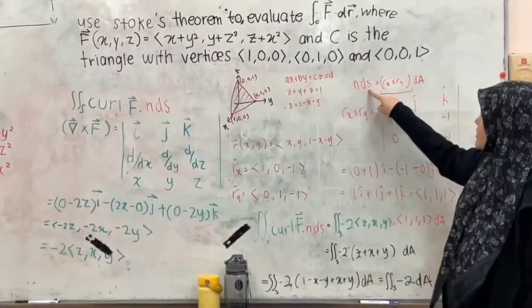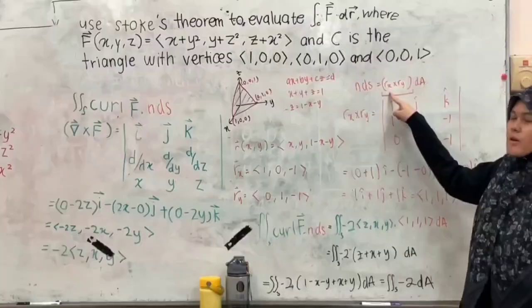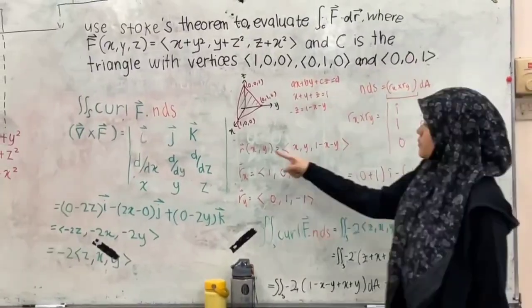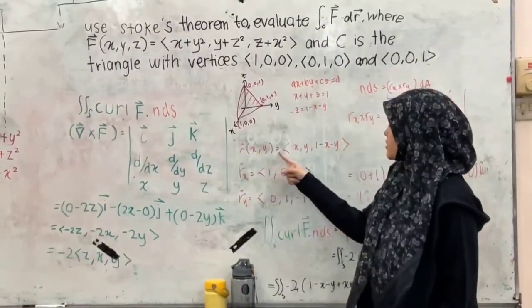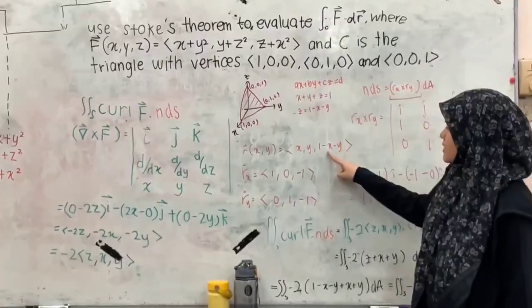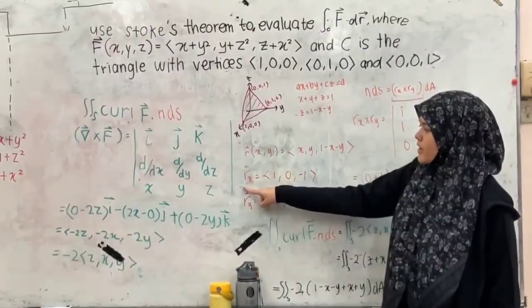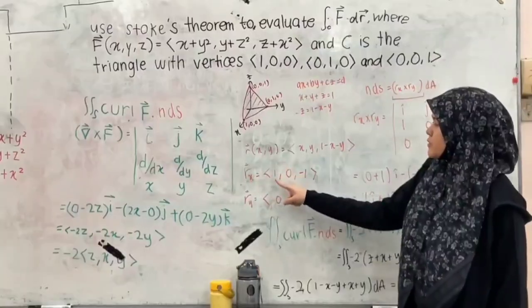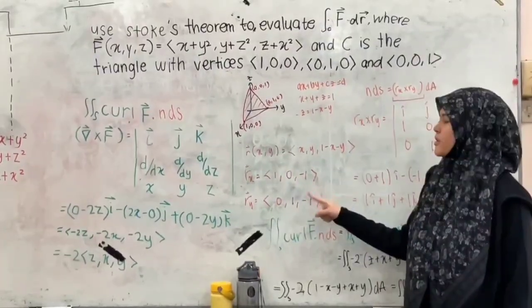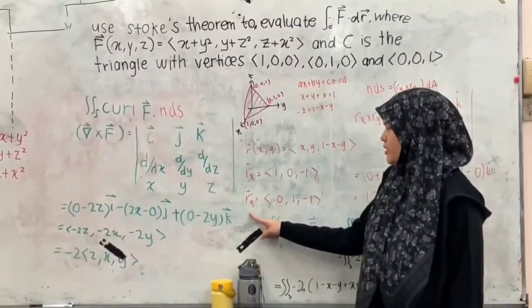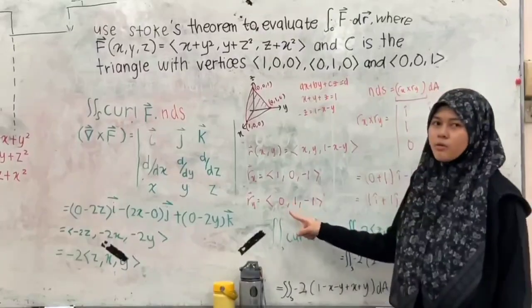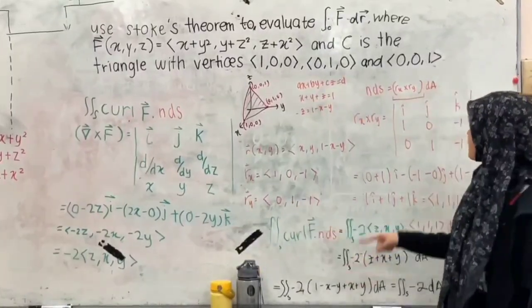And dS equal to rx cross ry dA. We find r of x, y equal to x, y, 1 minus x minus y. From here we find rx equal to 1, 0, minus 1, and we find ry equal to 0, 1, minus 1.